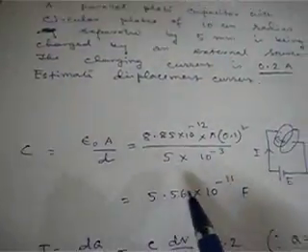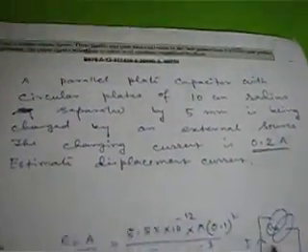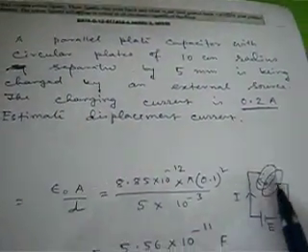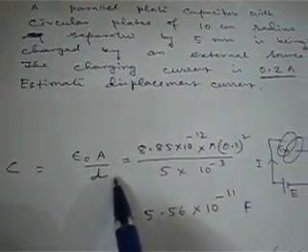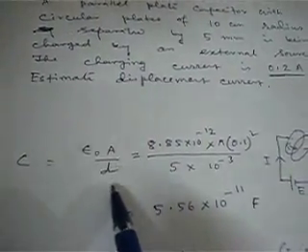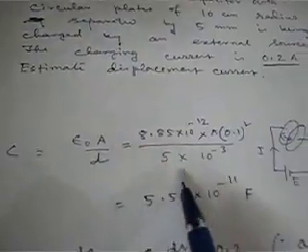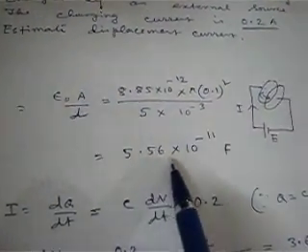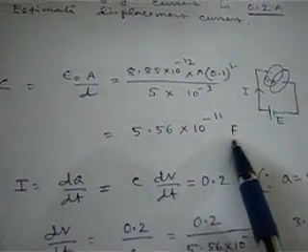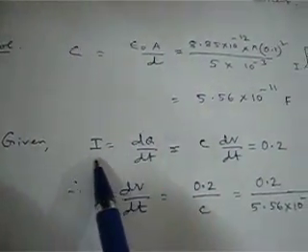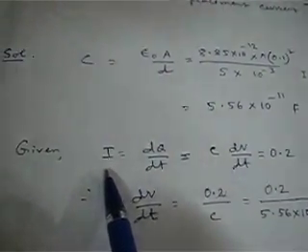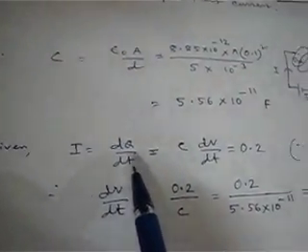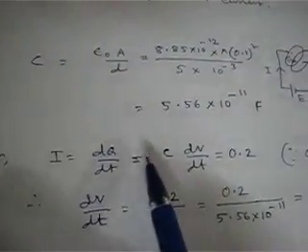So first of all, let us calculate the capacitance of this capacitor using the parallel plate capacitor formula, epsilon naught A by d. Put in the values of all these variables. The C is found to be 5.56 × 10⁻¹¹ farad. So by the given condition, I equals dq by dt.